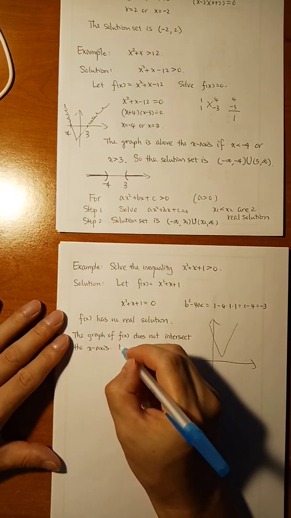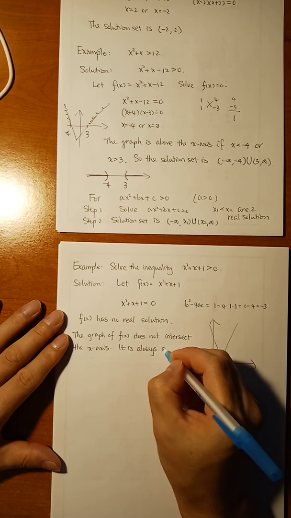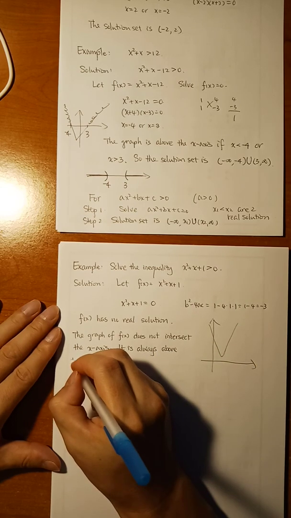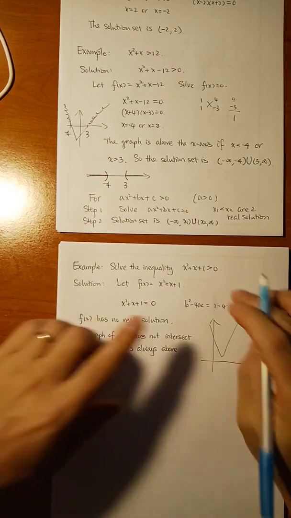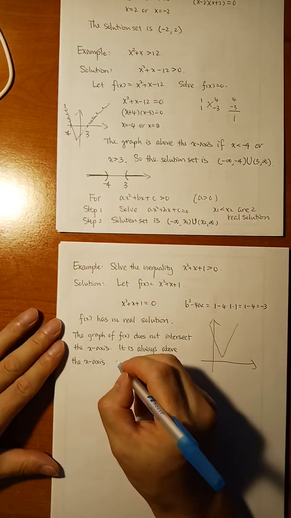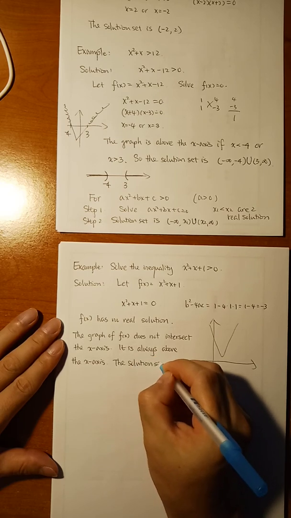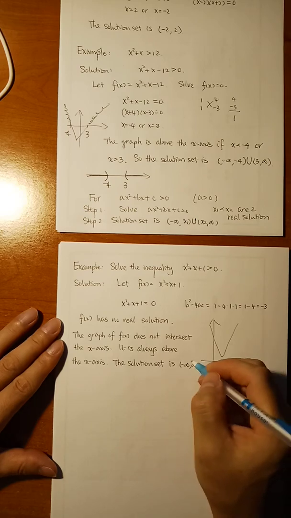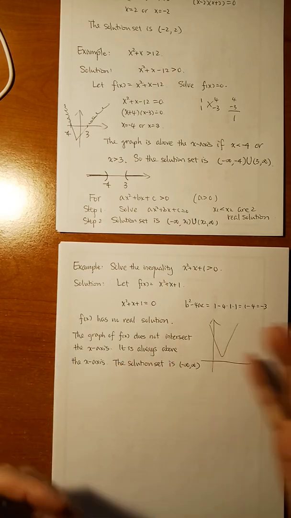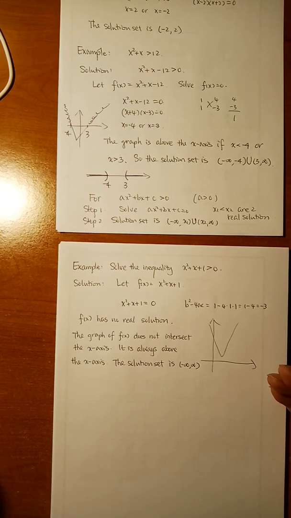Always above the x-axis means it's always greater than 0. So the solution set is from negative infinity to positive infinity. All the real numbers are the solution.